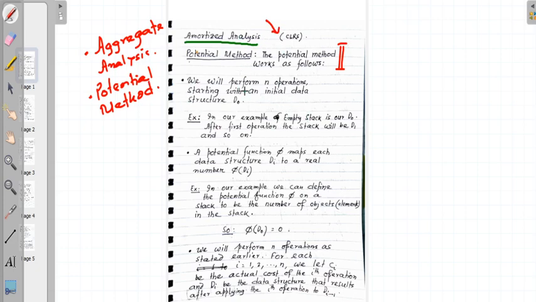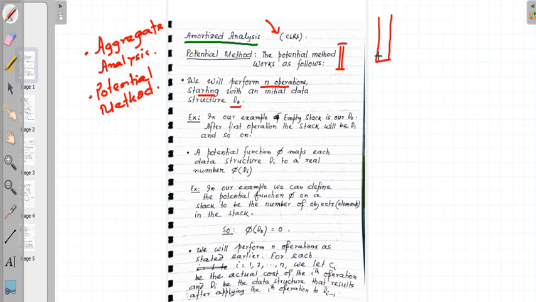We have seen that in amortized analysis, we are performing a sequence of n operations, and that sequence of n operations we are performing starting with an initial data structure D0.